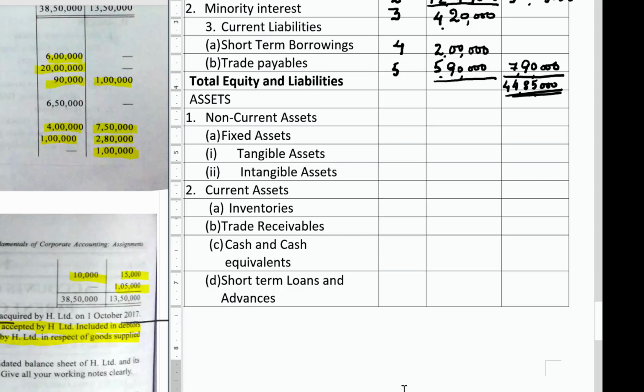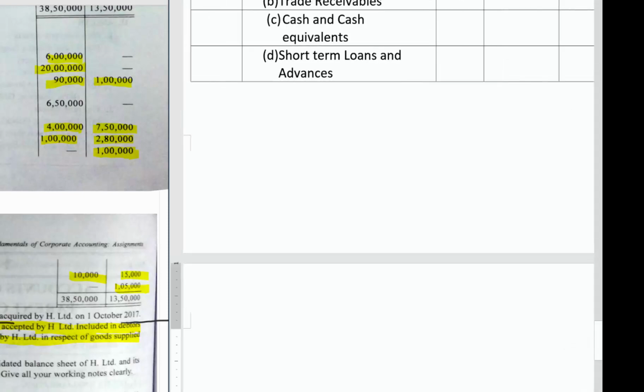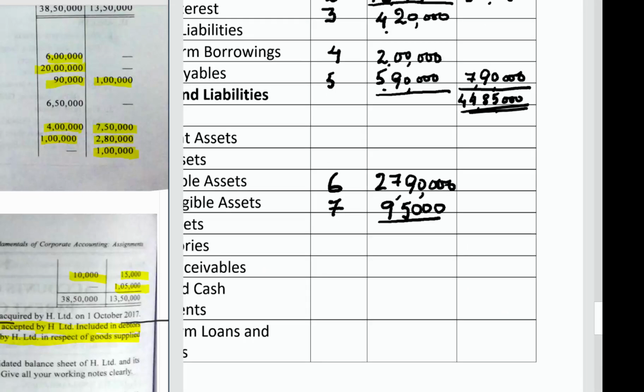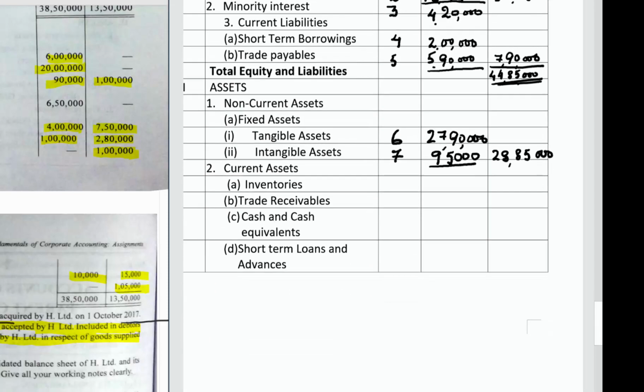Tangible assets, note number 6, 27,90,000. Intangible assets, note number 7, that was 95,000. The total, 28,85,000. Inventories was note number 8. The amount was 11,50,000. Trade receivables, note number 9, 3,20,000.